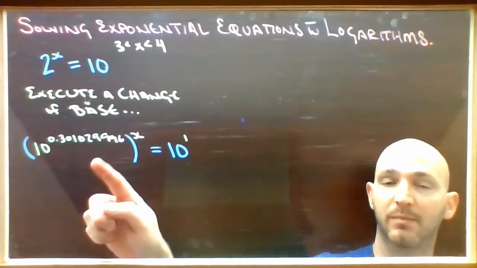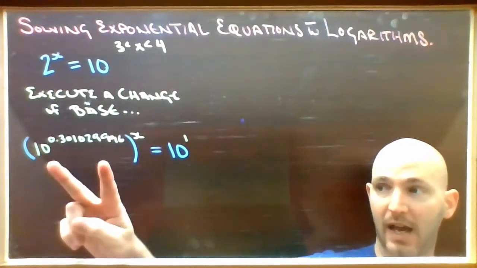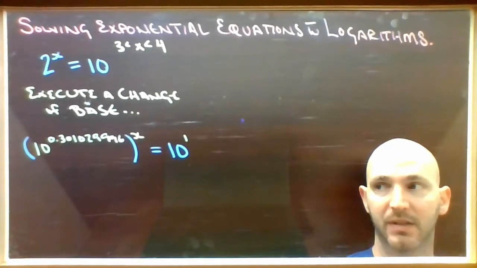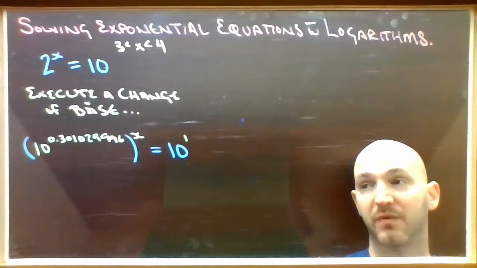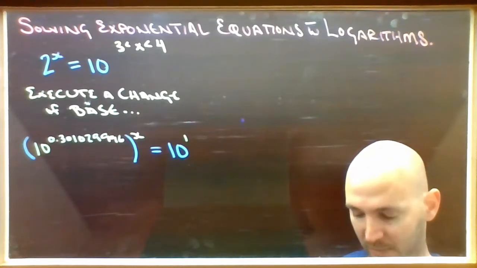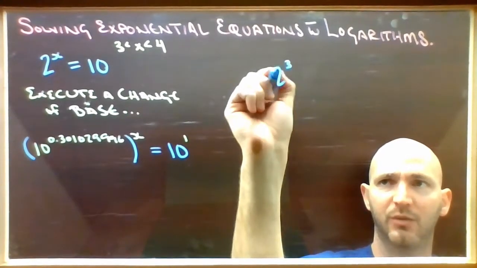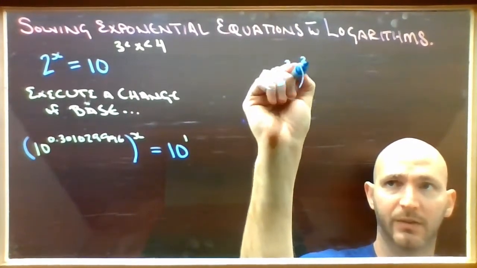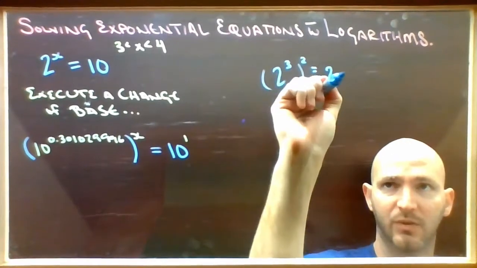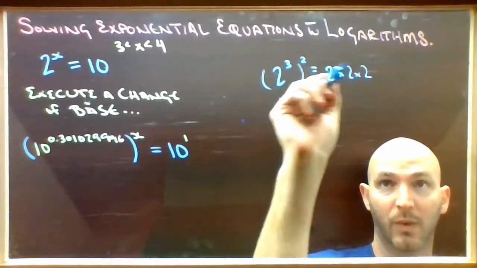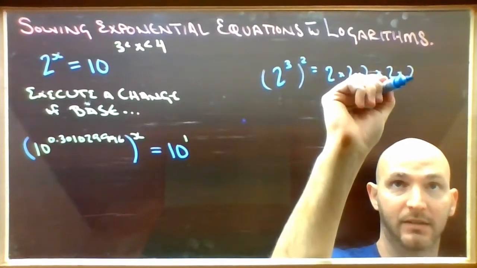Well, one of your exponent laws was that if you have something with an exponent raised to its own exponent, that you can just simplify that by multiplying those exponents together. So if you're not sure what I'm talking about, 2 cubed squared, well, that's 2 times 2 times 2 because of the 2 cubed, written twice.